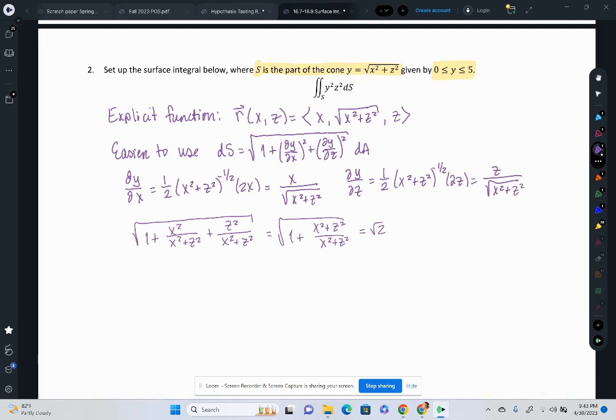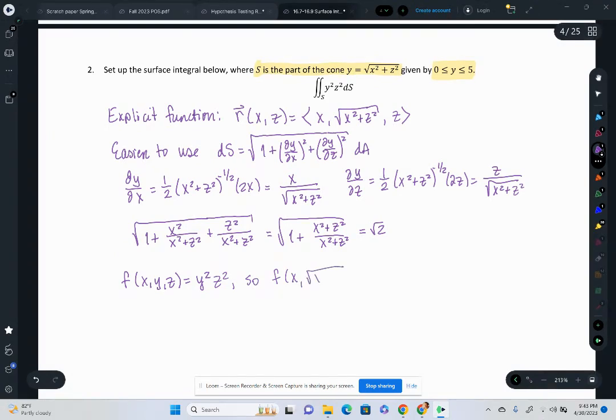Okay, the next thing that we have to do is, let's see, f of x, y, z is equal to y squared times z squared. But we have an explicit function for y. So f of x, this is going to look weird, square root of x squared plus z squared, and z.